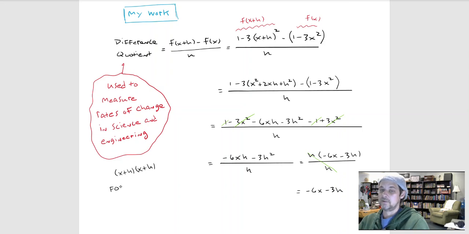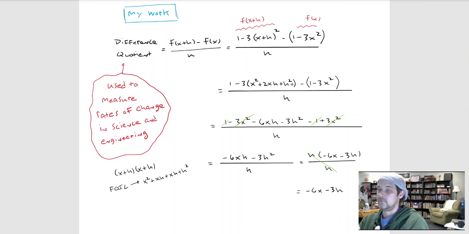We use FOIL multiplication to do that, and you'll get x squared plus xh plus xh plus h squared. Those two middle terms are like terms, so that's x squared plus 2xh plus h squared. And that's what you see right here. So the exponent's been applied.